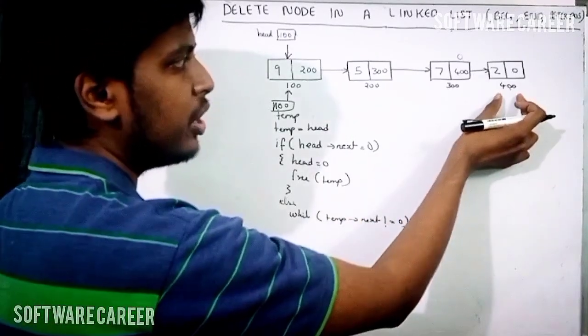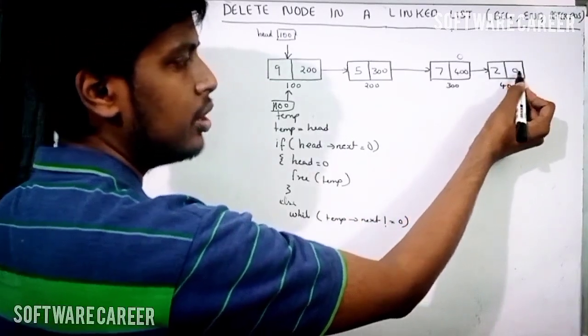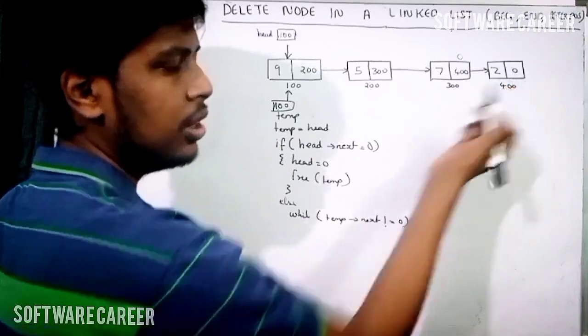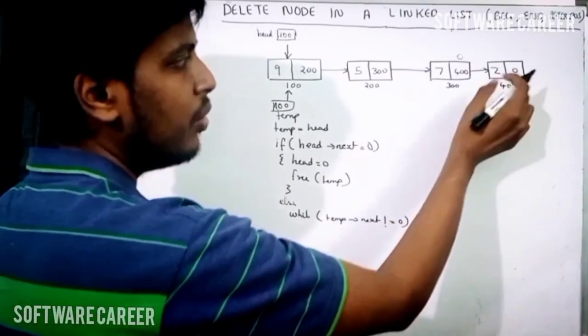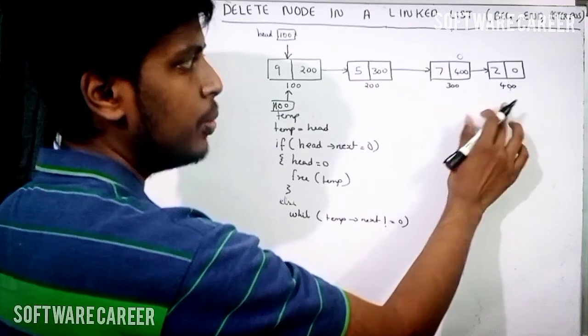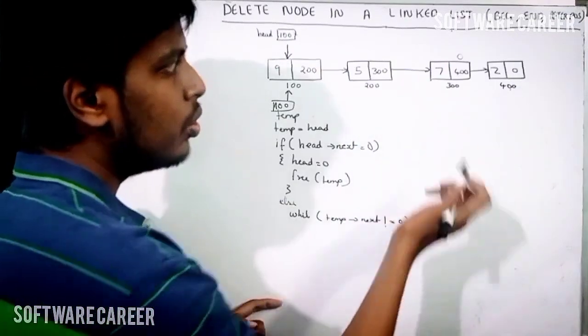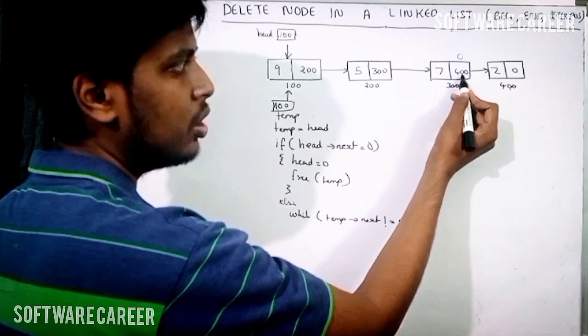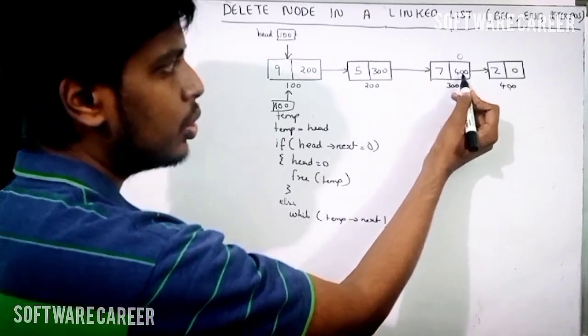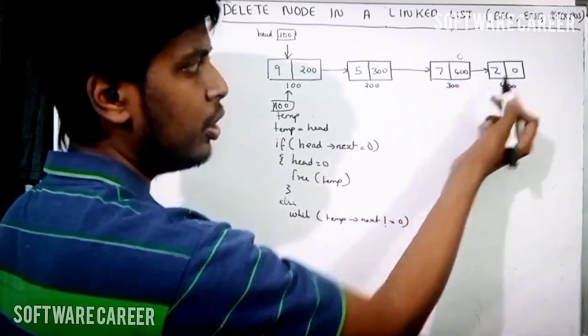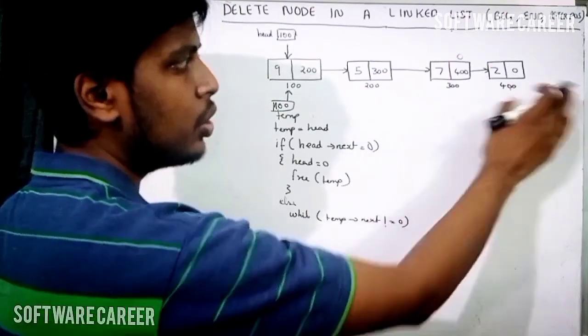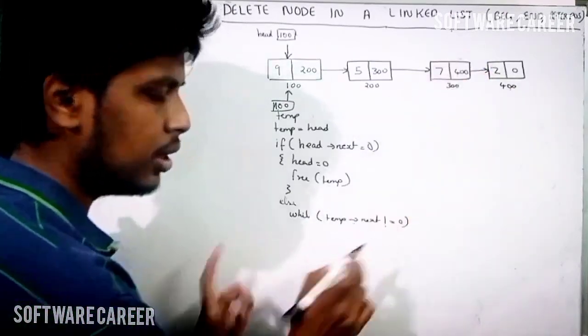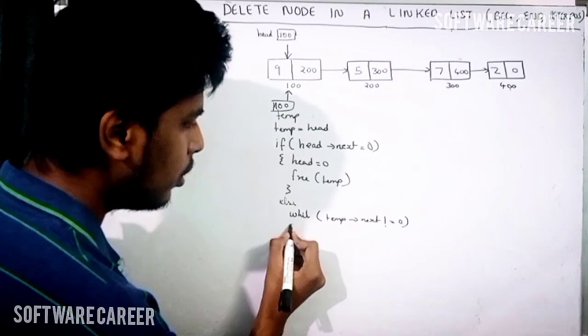In this node, the next pointer is 0. So if this pointer part is 0, I should not move the temp. In this node, the pointer part is not 0, it is 400. So you can move the temp pointer to the next node. After this you should not move. That's why this condition.